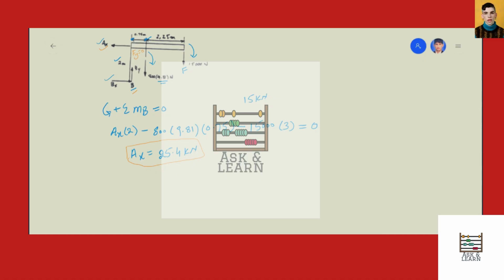The force at point A in the upward direction, which is positive, is 0.